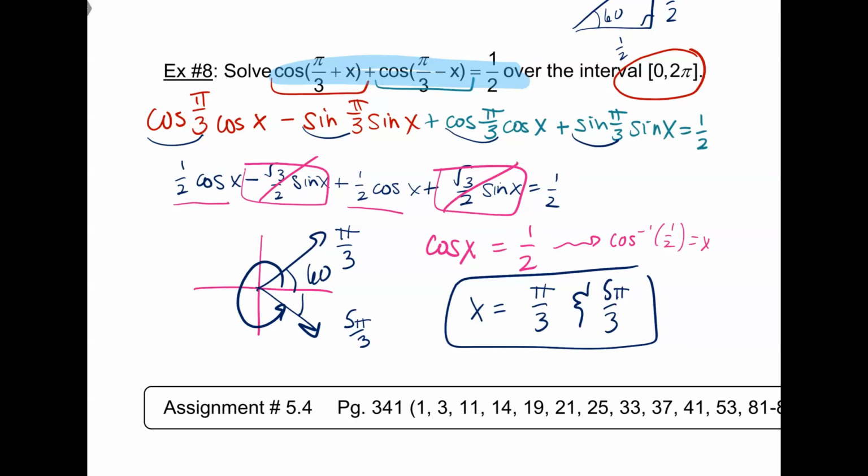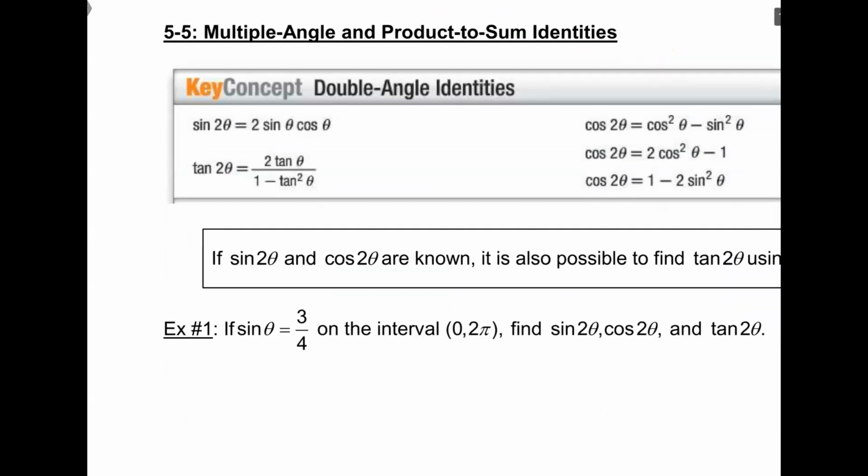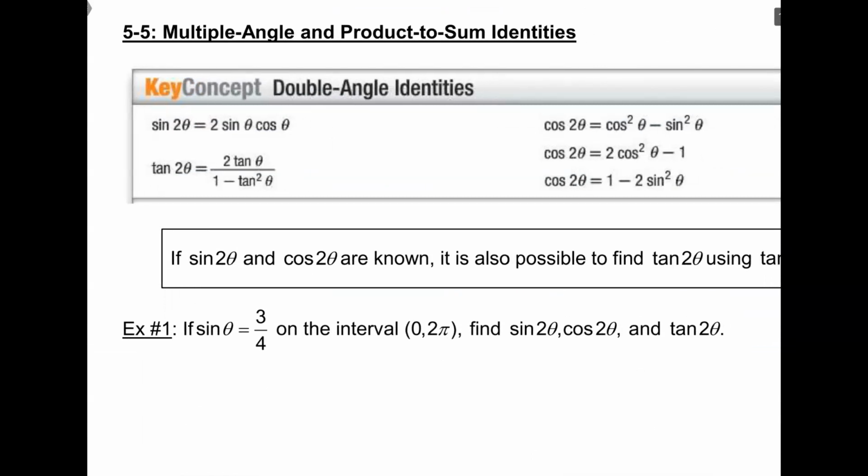When you look at a problem, you wonder: are there any tricks or tips for knowing which identity to use? I'll try to be specific as we go through, but on the review day I'm really going to try to distinguish it for you. But first I have to tell you about them. So section 5 is multiple angle and product to sum identities.